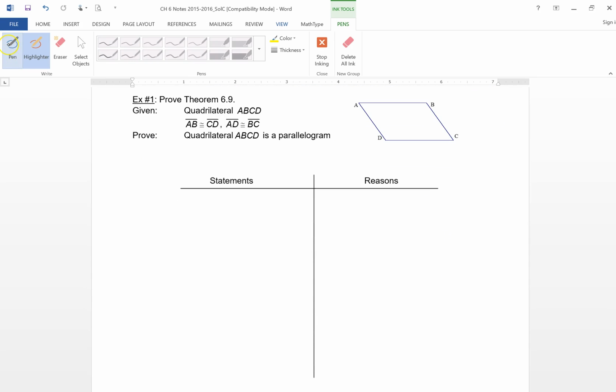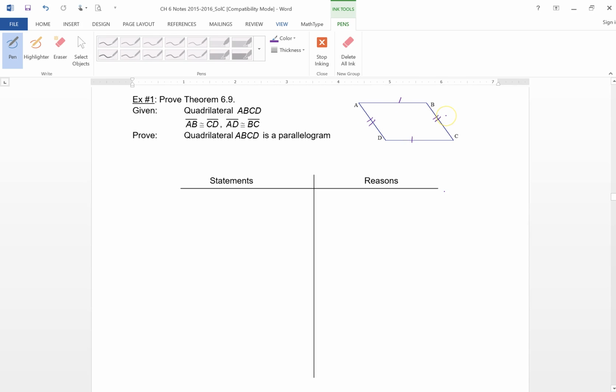First, we want to prove Theorem 6.9 that says if the opposite sides are congruent, then you have a parallelogram. We're given quadrilateral ABCD, and we're told AB is congruent to CD, AD to BC.